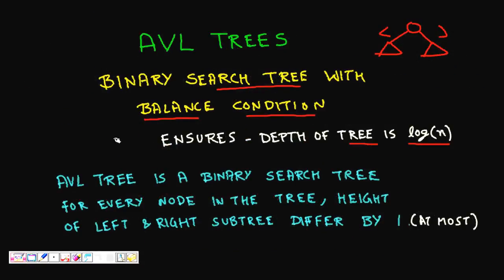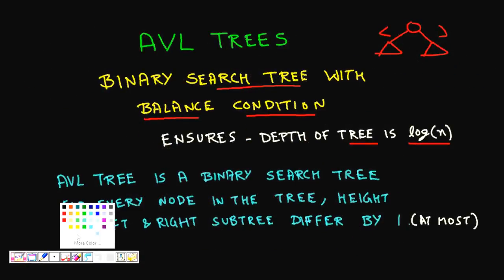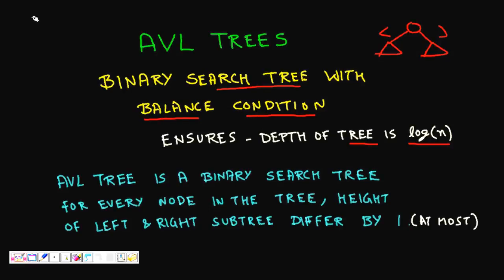But what might happen in a binary search tree is this: let's say I give you numbers for insertion: 1, 3, 5, 7, 9, 15, 20. First we insert 1. Next 3 comes, and 3 is greater than 1, so it becomes the right child.